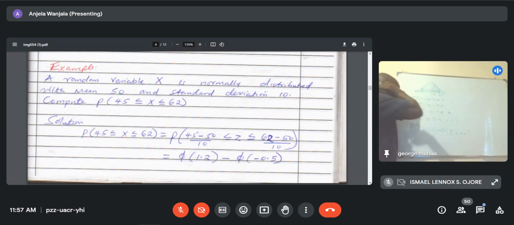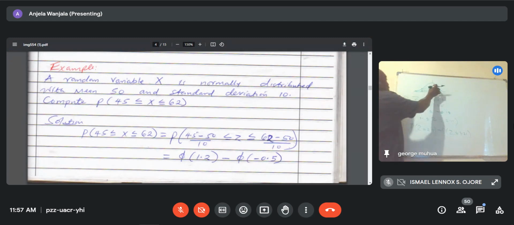That is just the difference between the two. So in other words, if these two values have similar signs, both positive or both negative, then just get the area for the larger value and subtract the area for the smaller value.